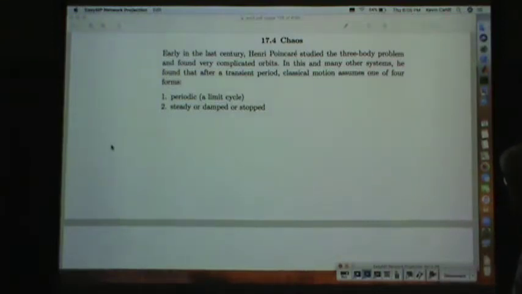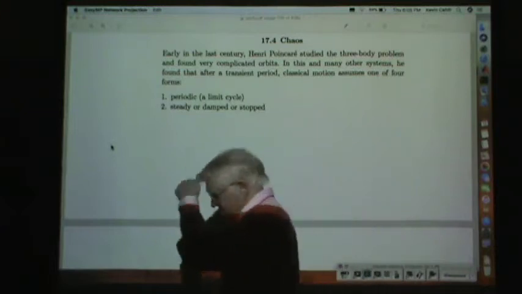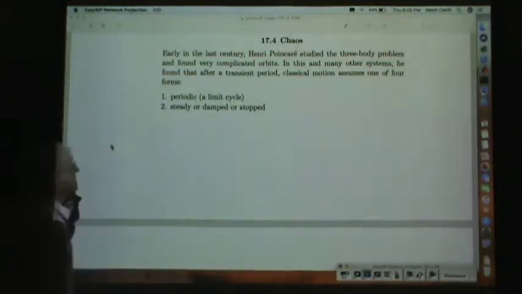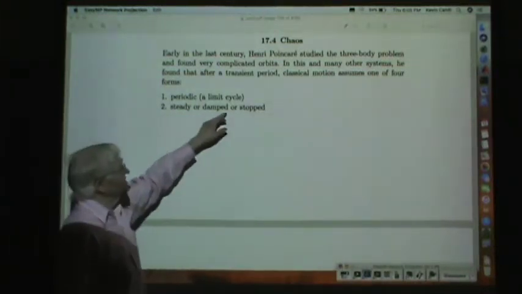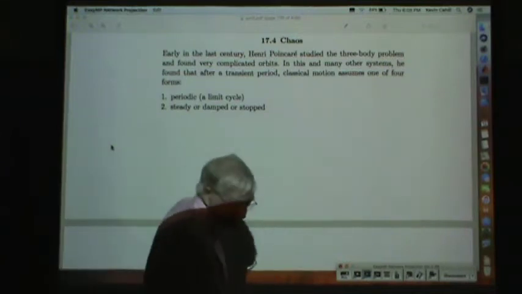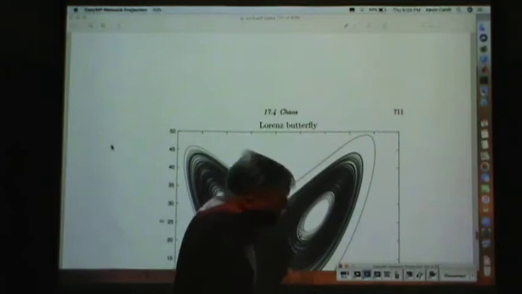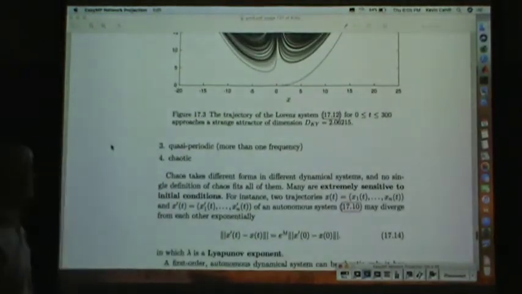One is periodic, and in this case it's sometimes a limit cycle, steady, damped, or even stopped. Third possibility is quasi-periodic, so there are two or more frequencies, and then finally chaotic.